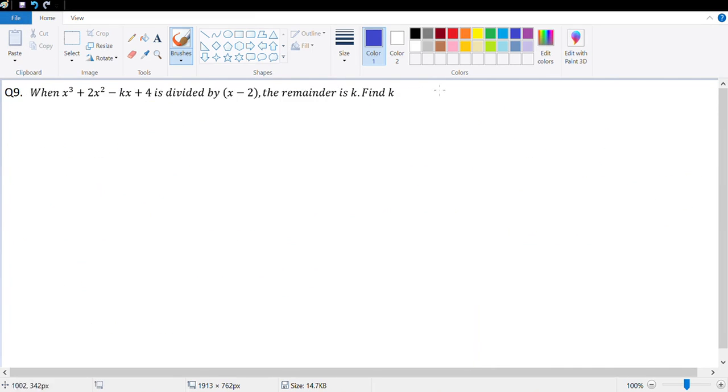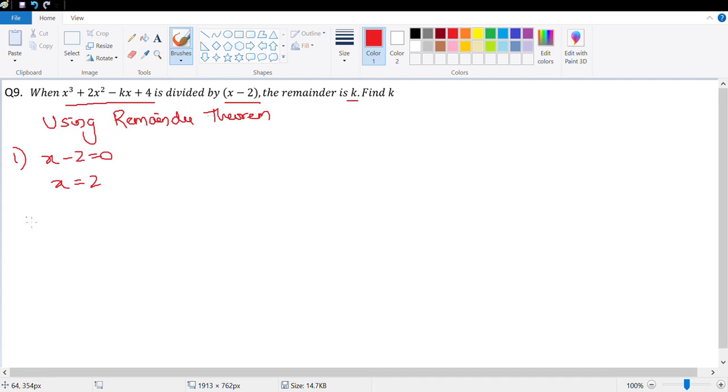Next question. The next question that we have is question number 9. It says when x cubed plus 2x squared minus kx plus 4 is divided by x minus 2, the remainder is k. Find k. So using remainder theorem, what we get is x minus 2 is equal to 0, which means x is equal to 2.